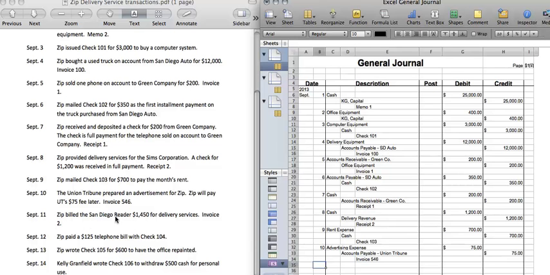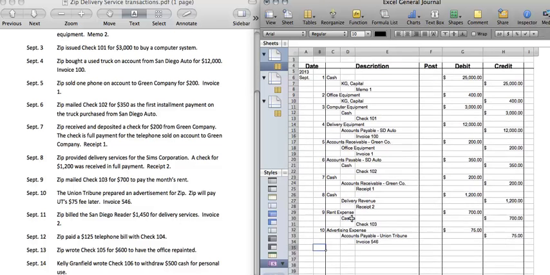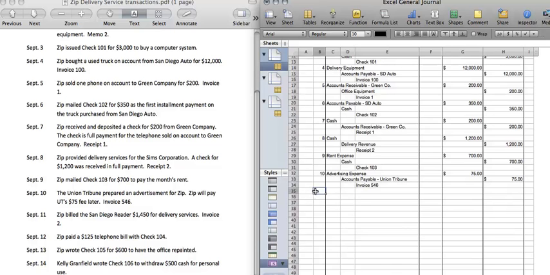On September 11th, Zip billed the San Diego Reader $1,450 for delivery services. Since we billed them, it means we haven't received the money yet, so we're going to go ahead and put accounts receivable, San Diego Reader, $1,450, and we're going to credit delivery revenue, $1,450.